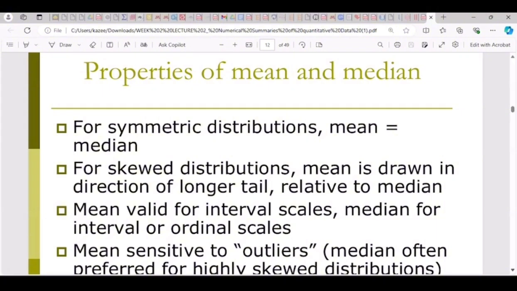What is another way to figure out the distribution of my data set? Go ahead, compute the mean, compute the median, and compute the mode. And let me tell you this: when the mean is greater than the median, and the median is greater than the mode, then your data has a positive skewness.